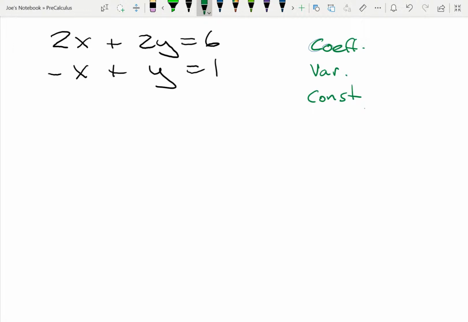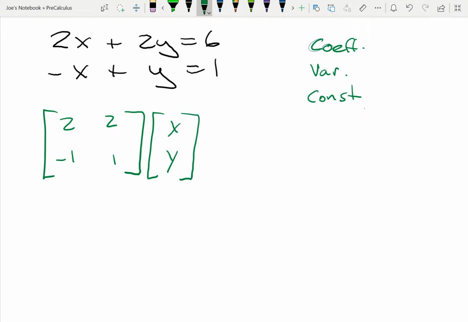The coefficient matrix is going to be 2, 2, -1, 1. The variable matrix is going to be x, y. And the constant matrix is going to be 6, 1.